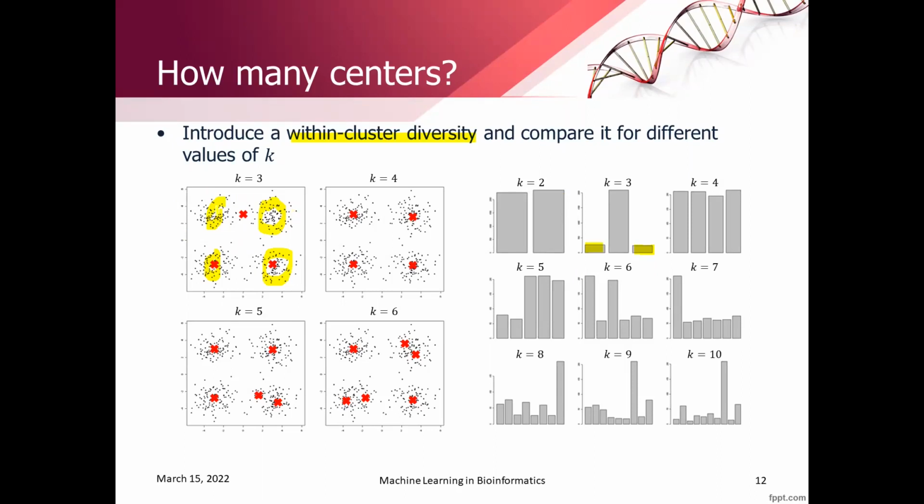So the sum of squares of distances between the observations and this representative will be high. So this is the middle column in the histogram. For four centers, we can obtain such a nice assignment for which the within cluster diversity is approximately equal for all clusters, and results for a higher number of clusters we can see down.